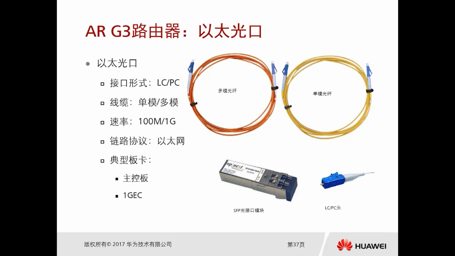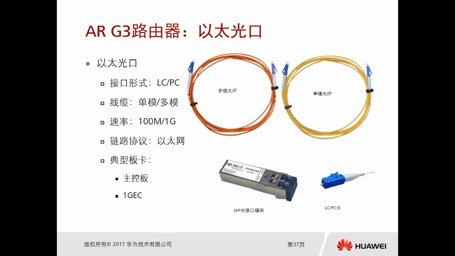As we just mentioned about the cables, there are multi-mode and single mode. So what are the differences? Actually, we can differentiate by color. Multi-mode fiber is usually orange. If using single mode optical fiber, it is usually yellow. Of course, if you use a different line, single mode or multi-mode, the module you need is different.